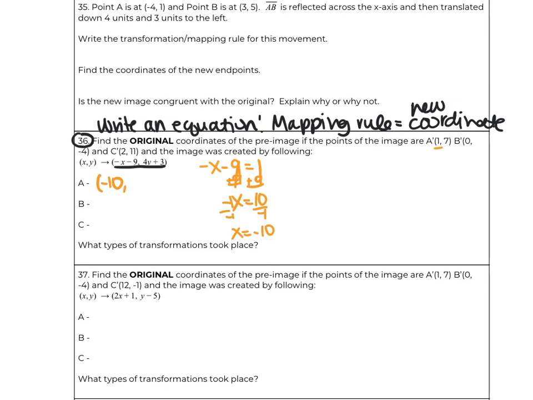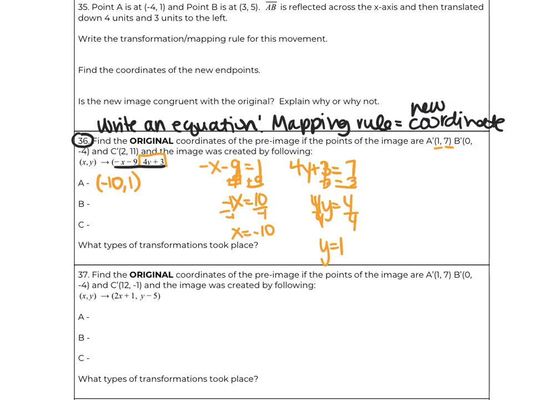Okay, I do the same thing for y, except I want to use the y part of the mapping rule. So 4y plus 3 equals, and they got a y value of 7. So I minus 3, divide by 4, y equals 1.